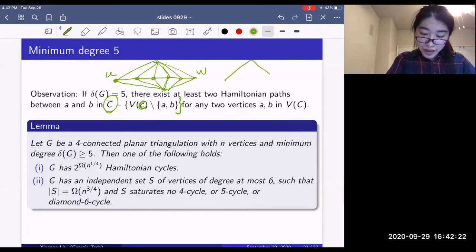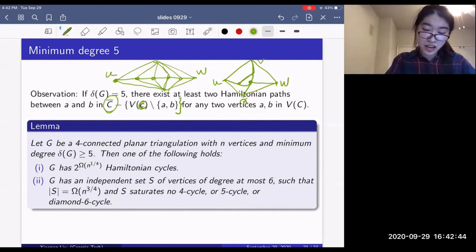For UV, if we only have one Hamiltonian path, then the common neighbor of X and W should have degree 4 here.